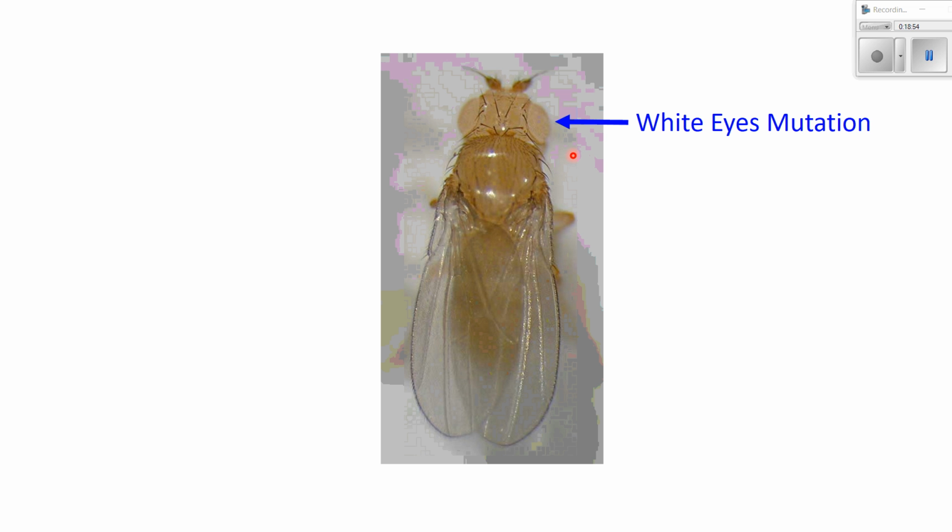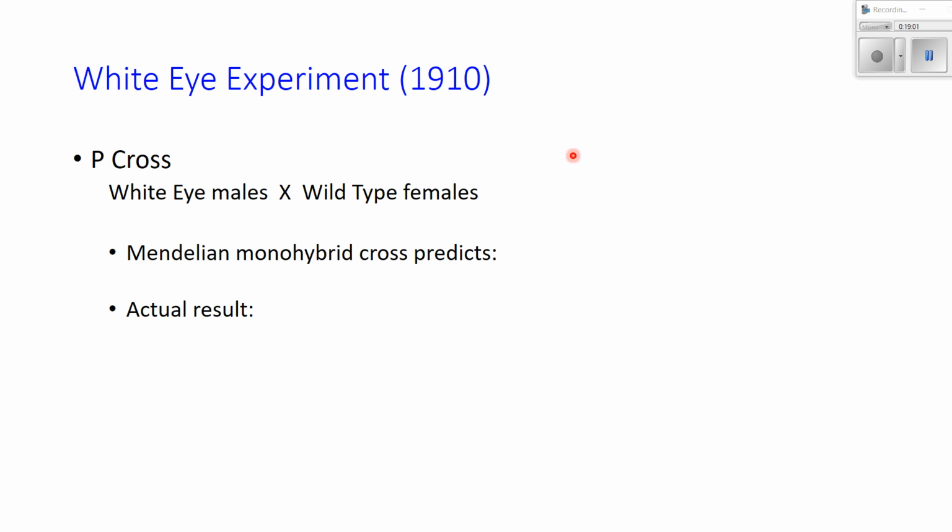And then he set out to do some experiments to figure out what sort of inheritance pattern he was dealing with. So in the parental generation, he crossed white-eyed males.